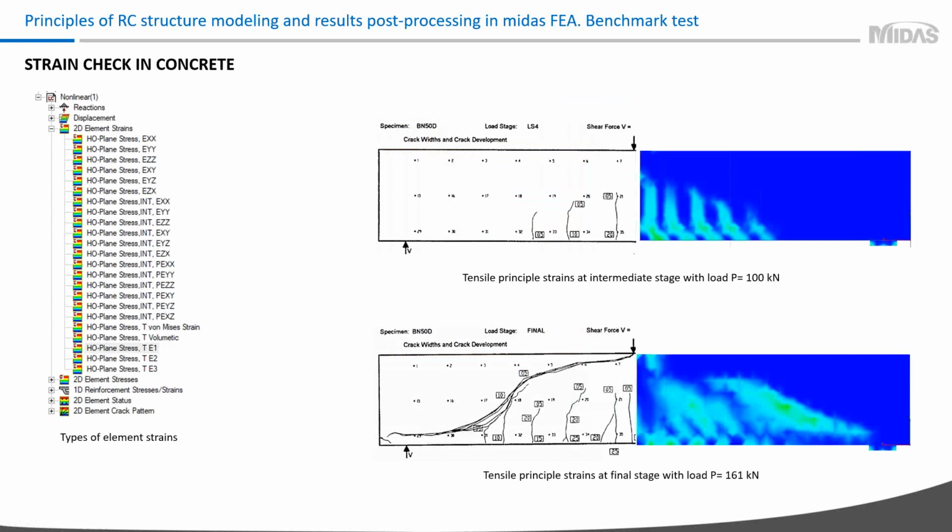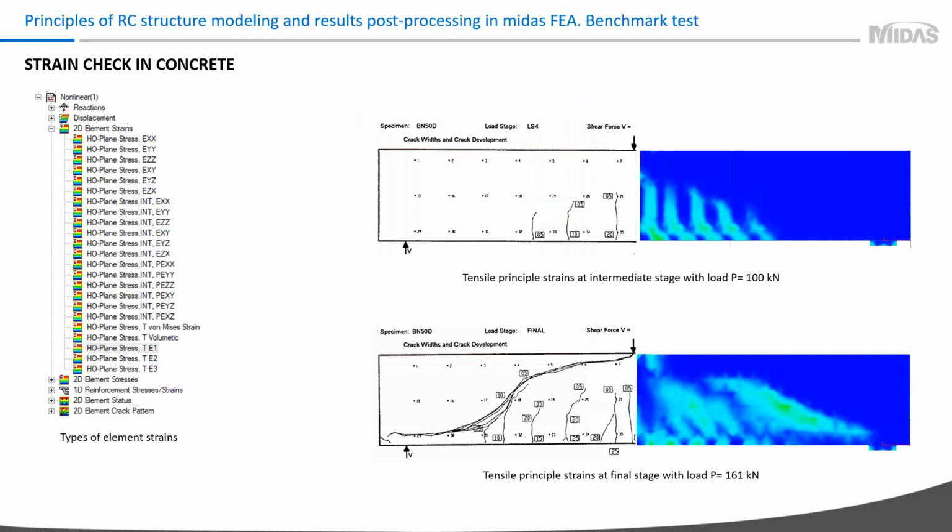Because concrete is an isotropic material, it's better to check tensile and compressive principal strains. They allow you to see the crack pattern in zones with the biggest tension strains. Values of strains also allow you to see what is the current state of a defined element in the tension or compression softening diagram of the total strain crack model.